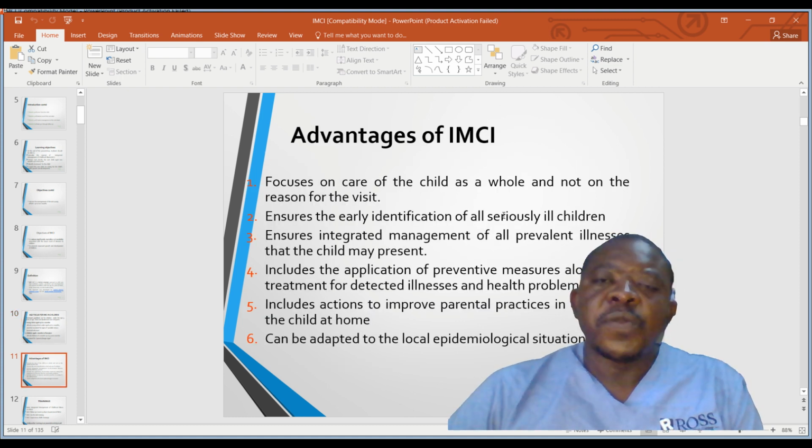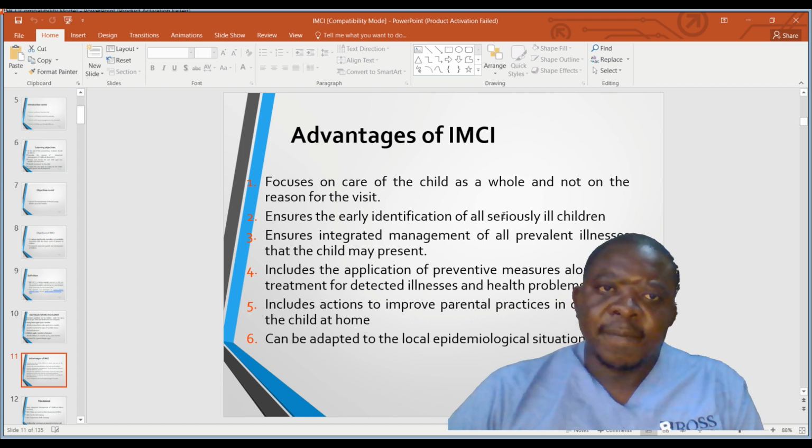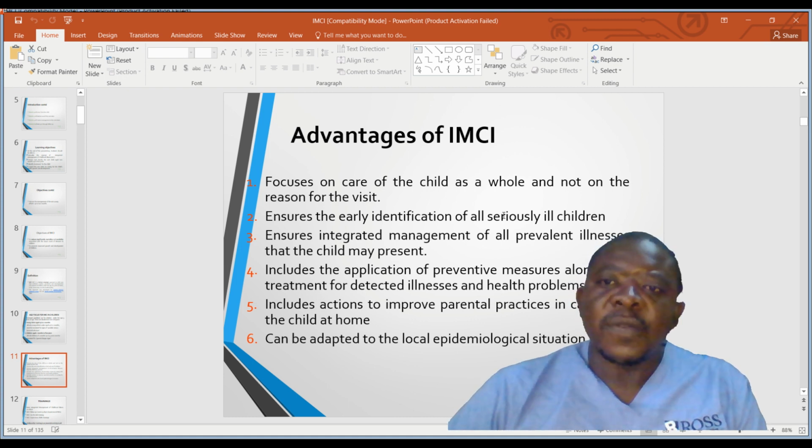Advantages of IMCI. The first advantage is that it focuses on the care of the child as a whole and not on the reasons for the visit. Number two, it ensures the early identification of all seriously ill children. Number three, it ensures integrated management of all prevalent illnesses that the child may present.